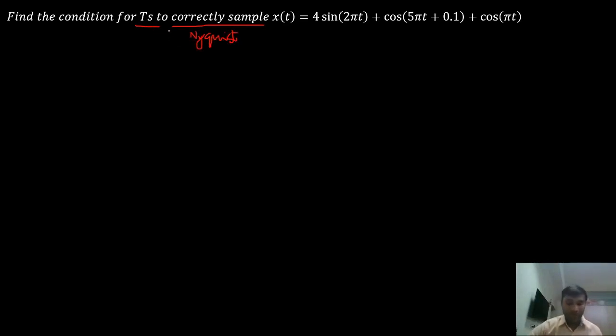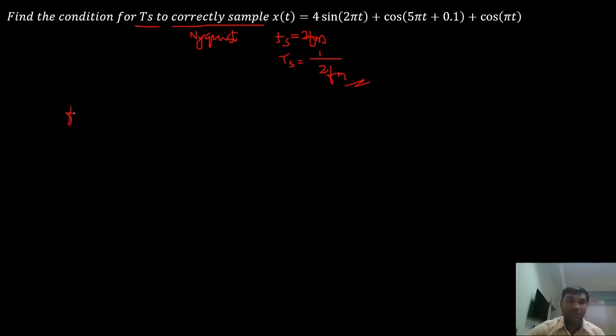So to correctly sample, what is the formula? Fs equals 2fm, Ts equals 1 by 2fm. It is nothing but 1 by Fs, that is 1 by 2fm. This is the formula. So first we have to find Fm to determine Ts.